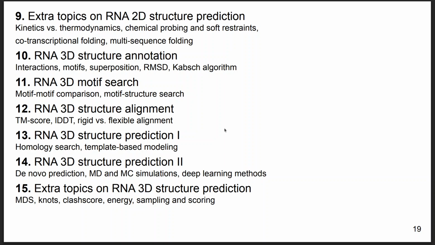Then lectures 13 and 14 are about RNA 3D structure prediction. We'll cover different modes, when we do have homologous templates and when we have no good templates to base our predictions on. And in lecture 15, some exotic topics on RNA 3D structure prediction, covering artifacts, scoring functions, and some other non-conventional techniques.